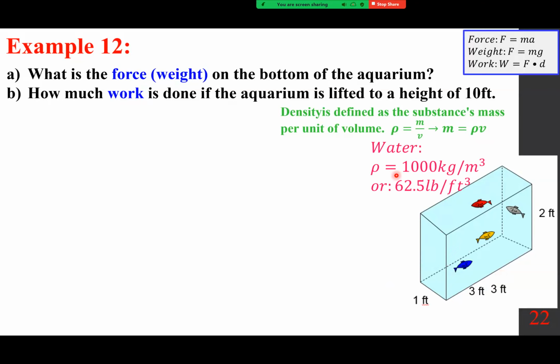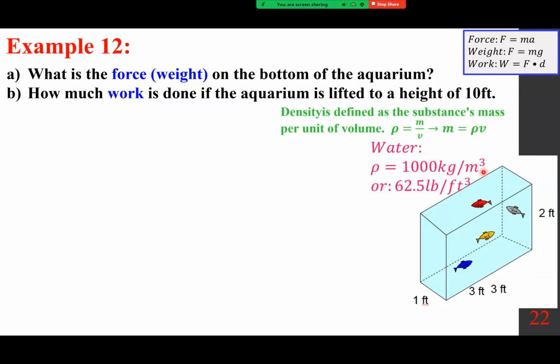And the water has a density of 1,000 kilograms per cubic meter in the SI system or metric system, or 62.5 pounds per cubic foot in the old British system, also known as the US customary system. So it's a piece of information that should be given, okay? So they give you this information.